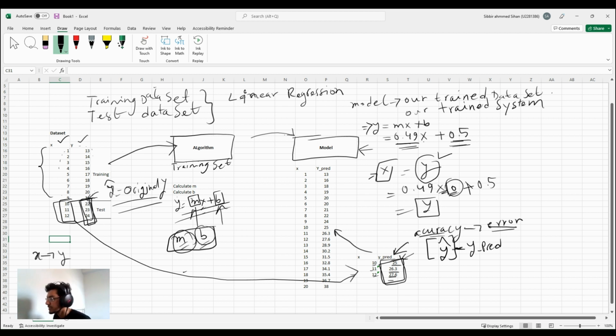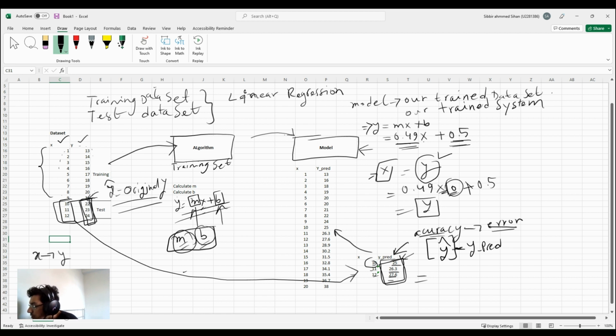We subtract the y predicted from the original and we see what's the difference. What was our original value and what's the predicted value for the same data that we gave to our model? Then we compare and see if it's the same or not. If it's the same, then the model was accurate. If it is not the same, then the model wasn't accurate.